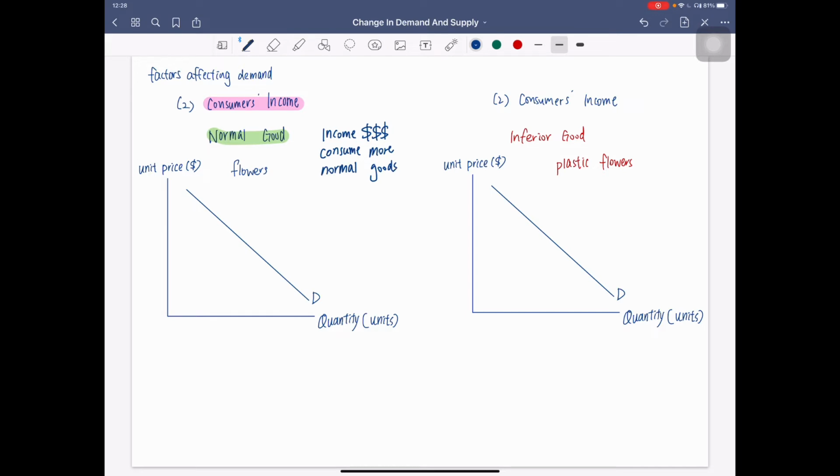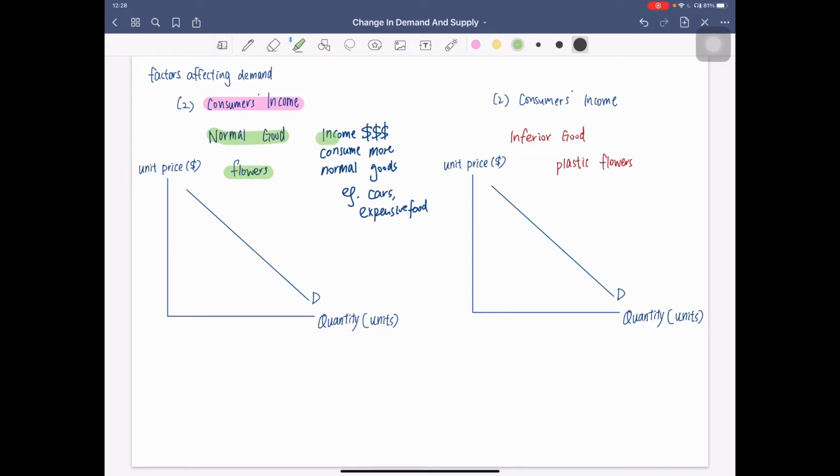Normal goods are, for example, cars, expensive food, fashionable clothing, and flowers are one of the normal good examples we list here.